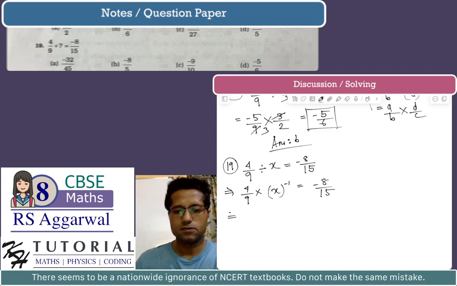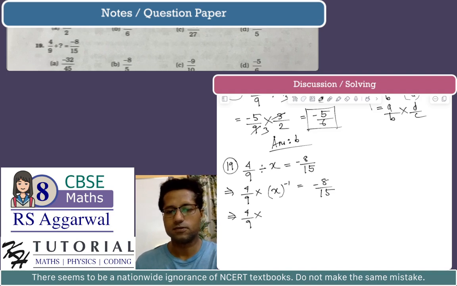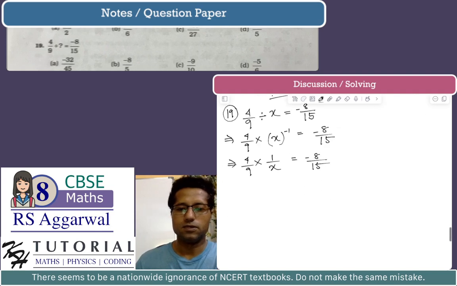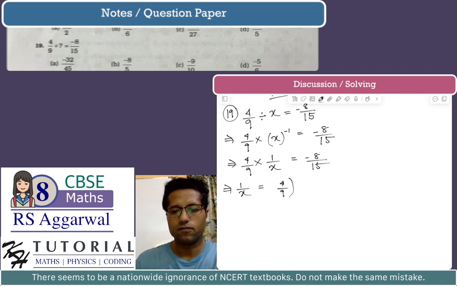So this implies 4 by 9 multiplied by the multiplicative inverse of x, which is 1 by x, is equal to minus 8 by 15. Now this implies that 1 by x will be equal to the multiplicative inverse of 4 by 9 multiplied by minus 8 by 15.